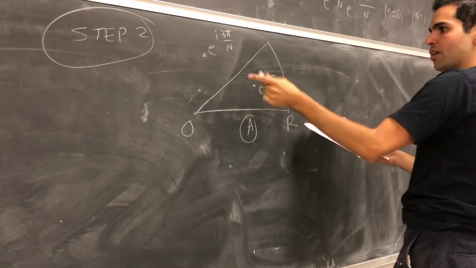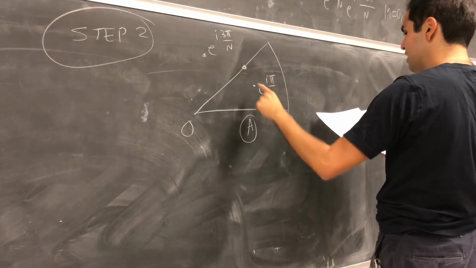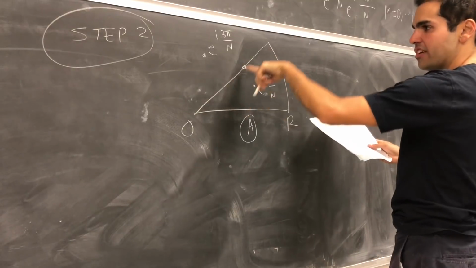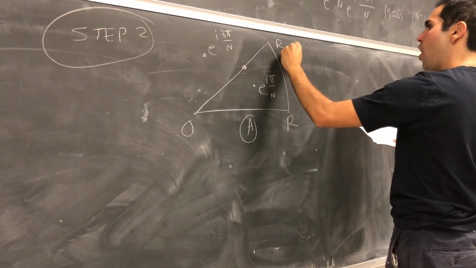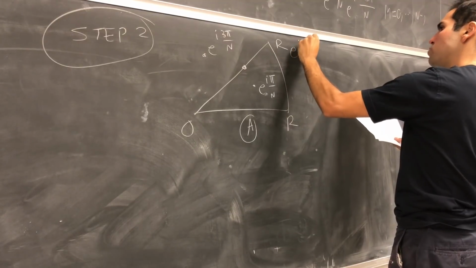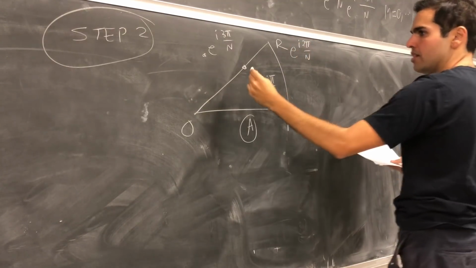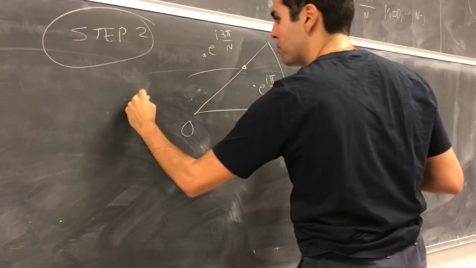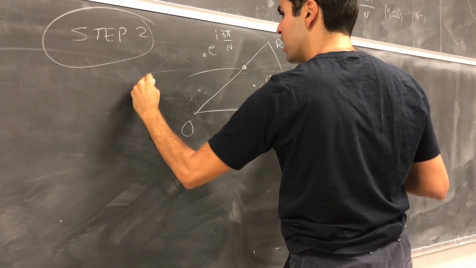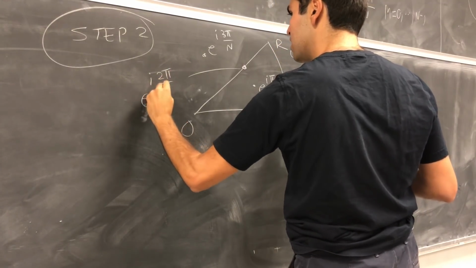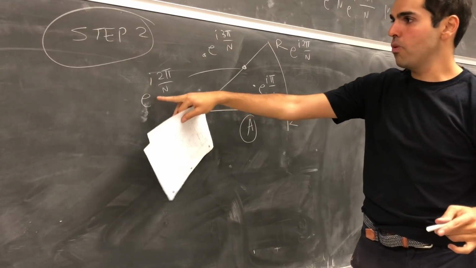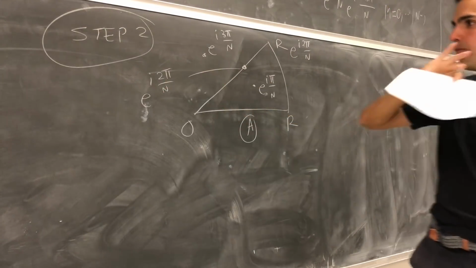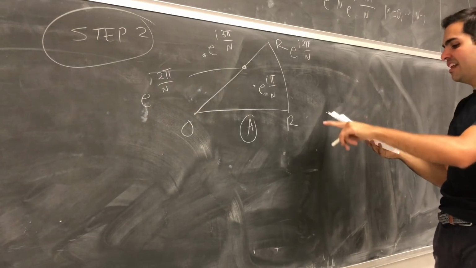You may ask, what about e to the i 2 pi over n? Well, we want a sector that goes precisely through the point r e to the i 2 pi over n. So at some point we will visit that point as well, which, strictly speaking, is not a singularity, since this point is e to the i, an even multiple of pi over n.